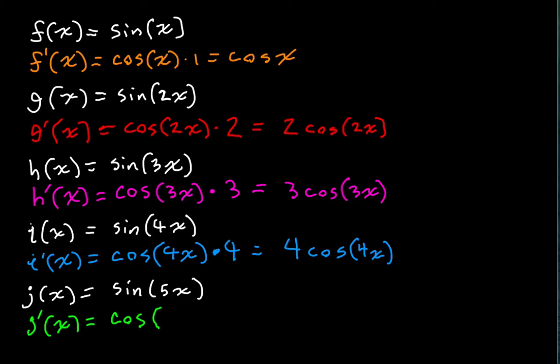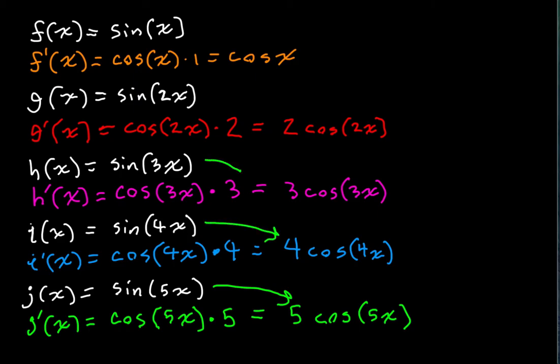So instead of x, we have 5x, and then we multiply by the derivative of the inner function with respect to x, which is going to be 5. So this is going to be equal to 5 cosine of 5x.